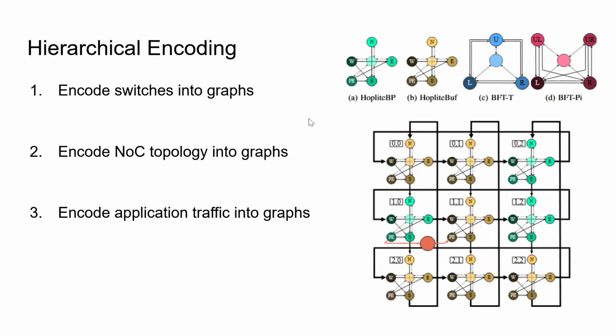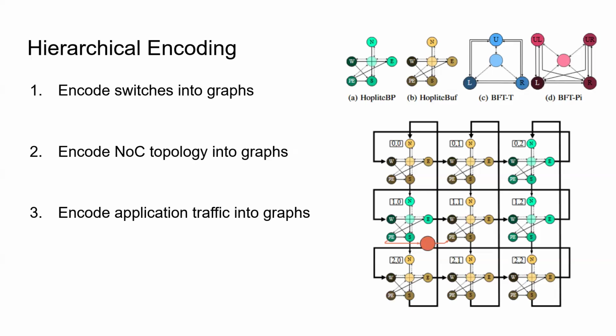So they tackle a few. I'd say they targeted two NoC architectures. Each of those they let have variations between choices of two switches. They would mix and match and call these different variants. So what you first do, with the top graphics, is encode the switches.